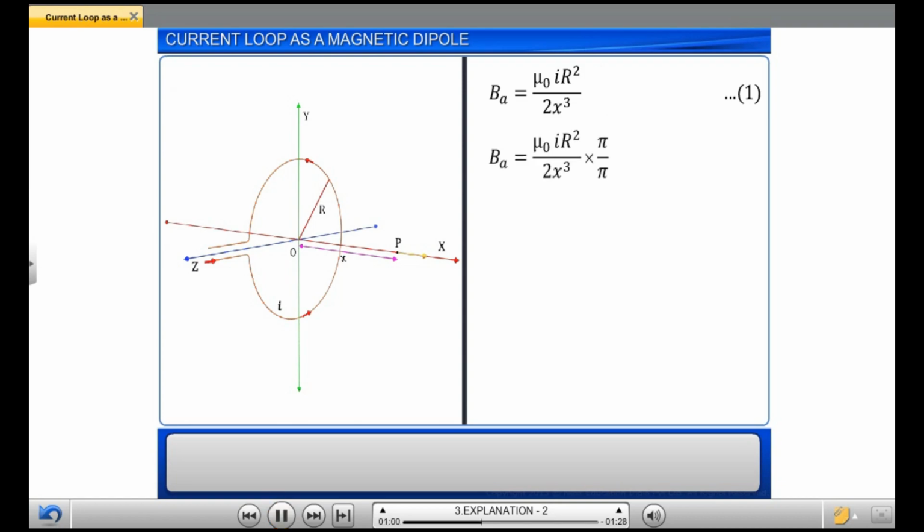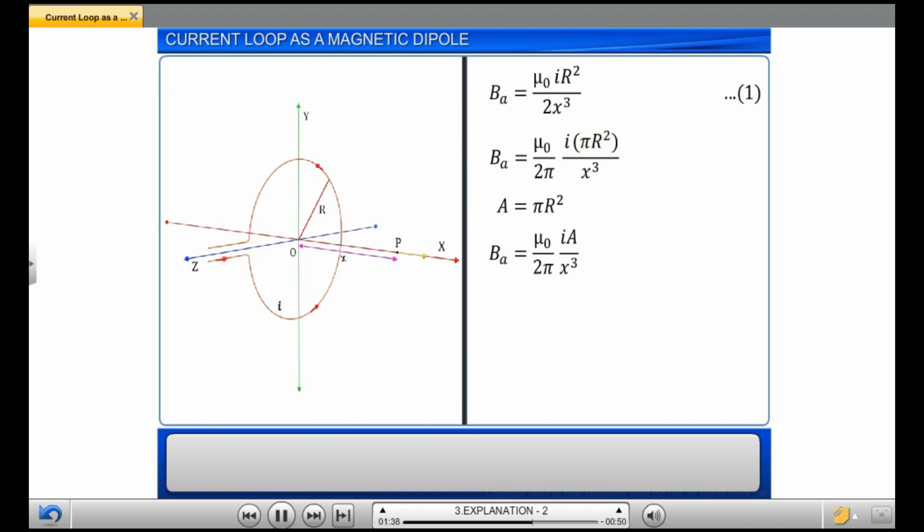On multiplying with pi in the numerator and the denominator, we get BA is equal to mu naught by 2 pi into I into pi r square by x cube. We know that the area of a circular loop A is equal to pi r square. On substituting A for pi r square, the magnetic induction can now be written as BA is equal to mu naught by 2 pi into IA by x cube.